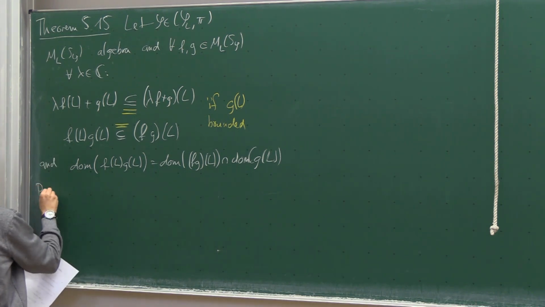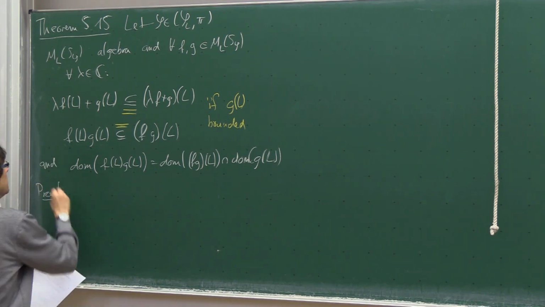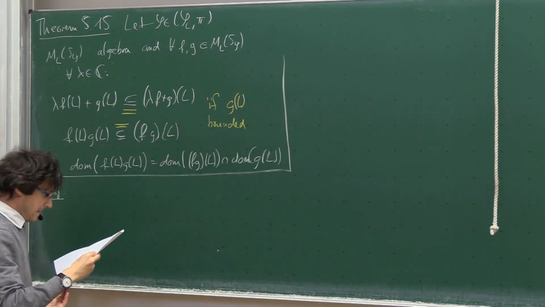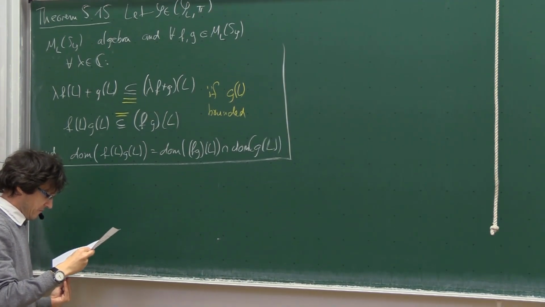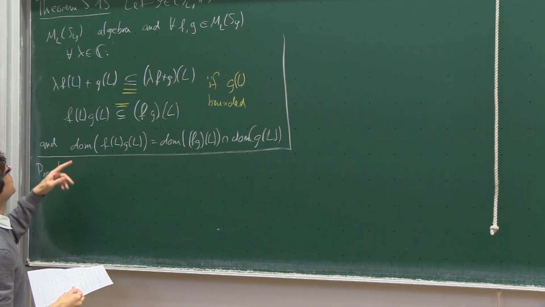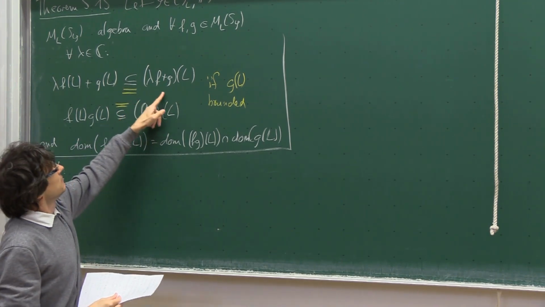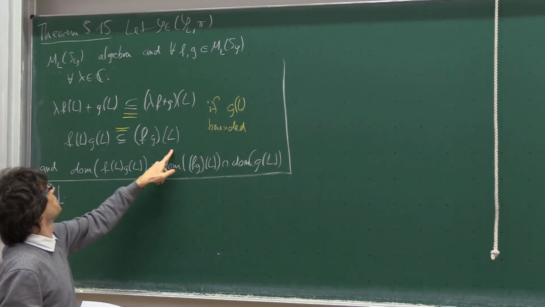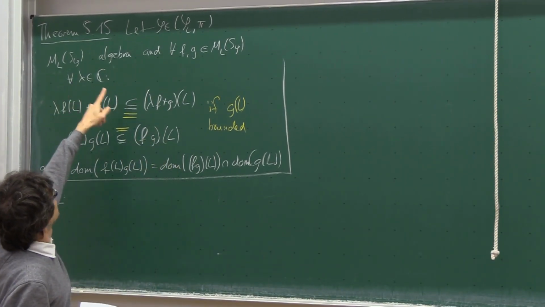So let's prove this. The first thing to prove is that these right-hand sides are defined in the first place. Otherwise, we have to prove that M_L(S_phi) is an algebra.